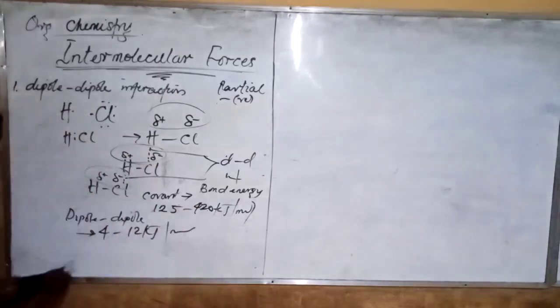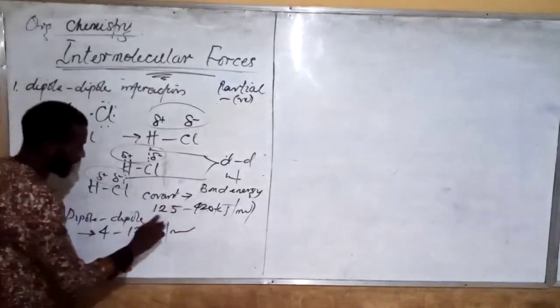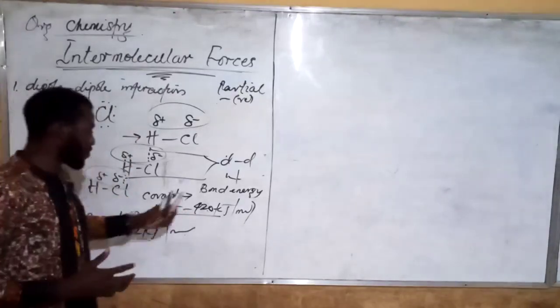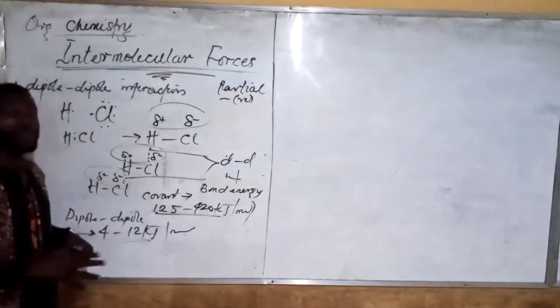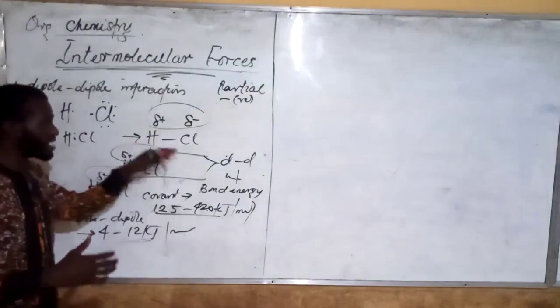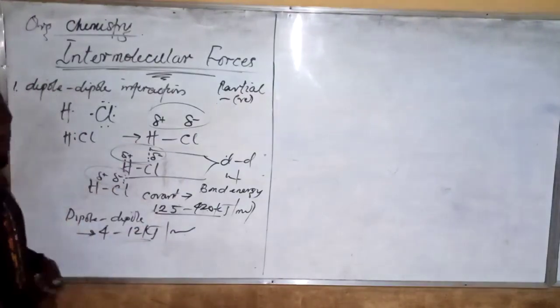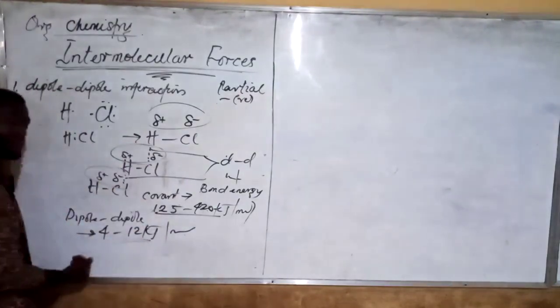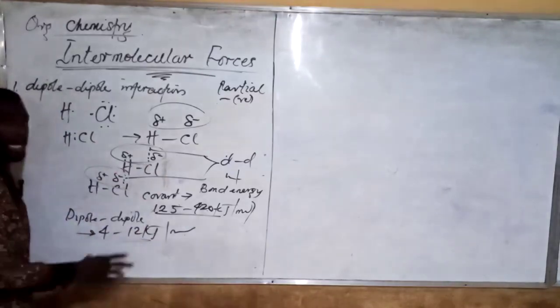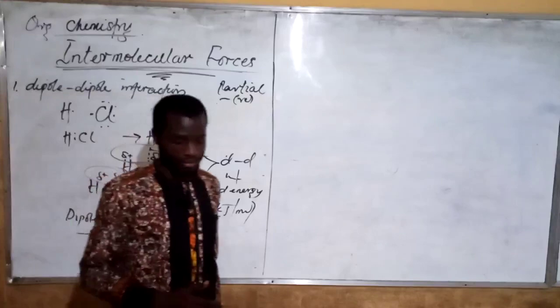The dipole has 4 to 12 kilojoules per mole, while the covalent has 120 to 420 kilojoules per mole. So it's a weaker force of attraction, but it's intermolecular. It is happening, and that is why you can have the molecules of HCl stay together in liquid form. So dipole-dipole interaction has a weaker bond energy.